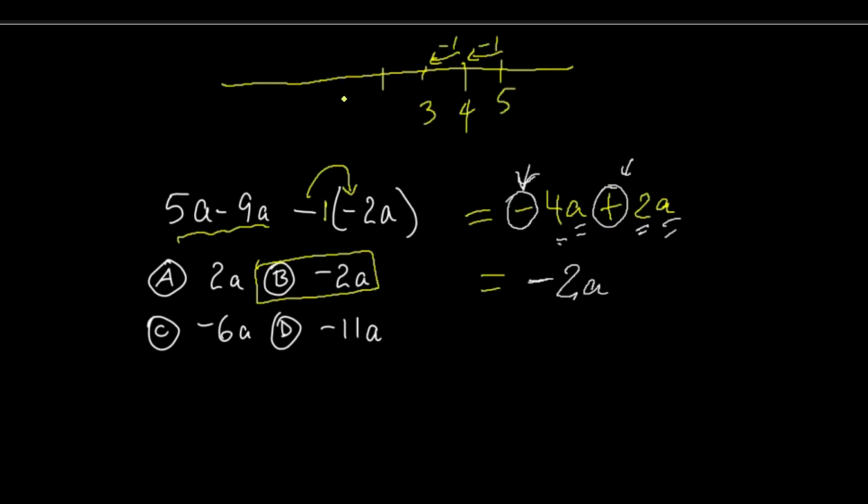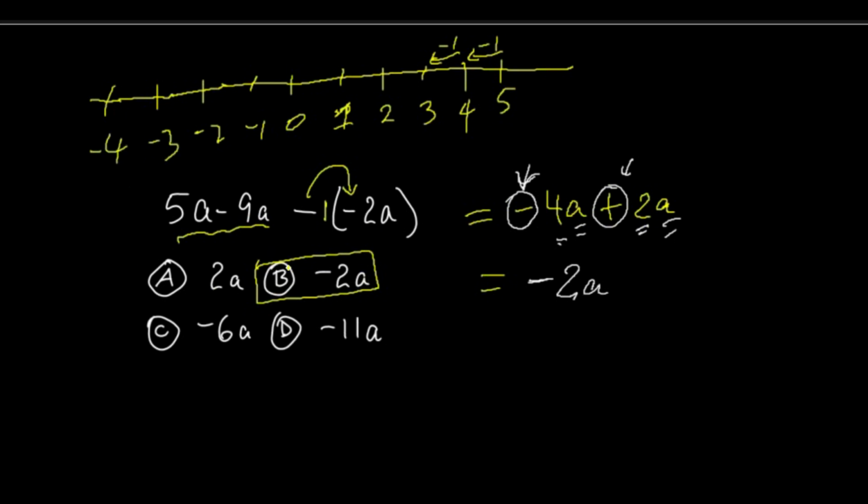So what if we subtract 9? We take 1, 2, 3, 4, 5, 6, 7, 8, 9, passing 1, 0, negative 1, negative 2, negative 3, negative 4.